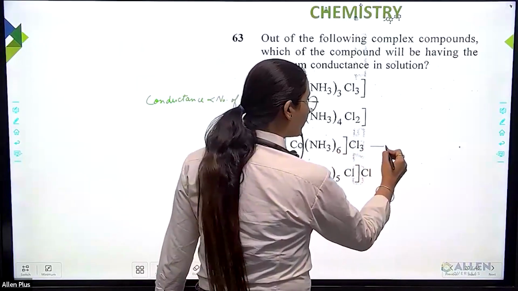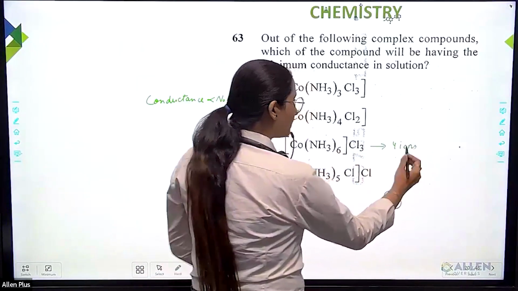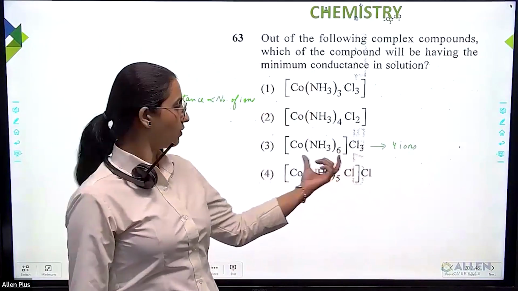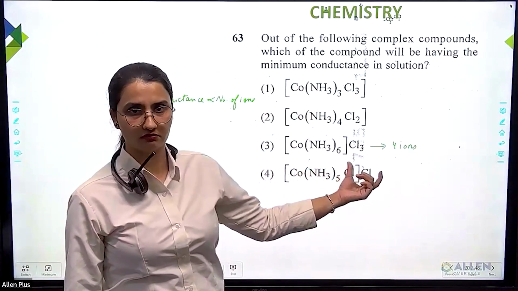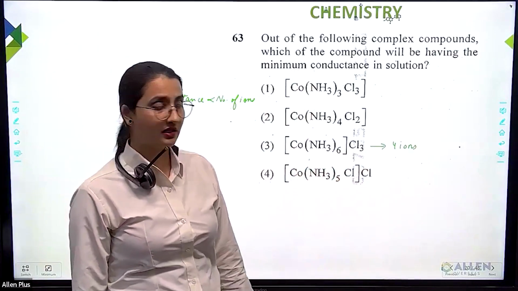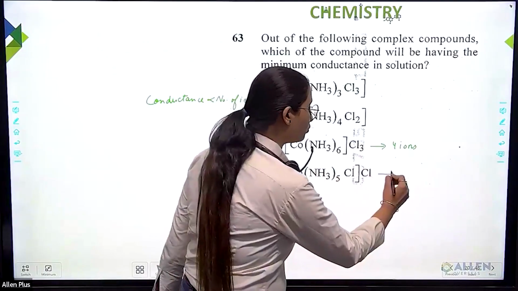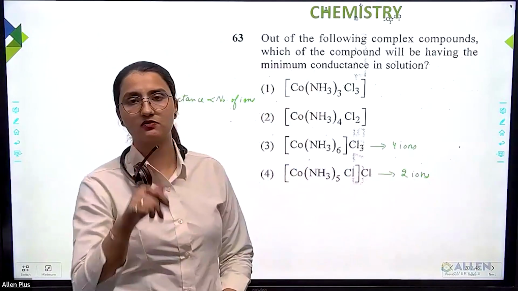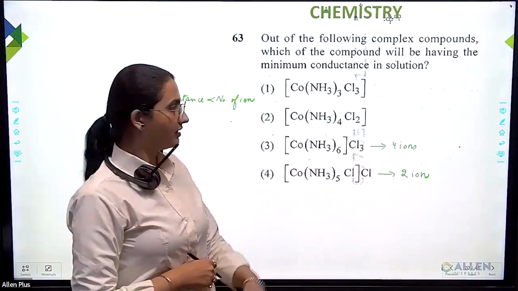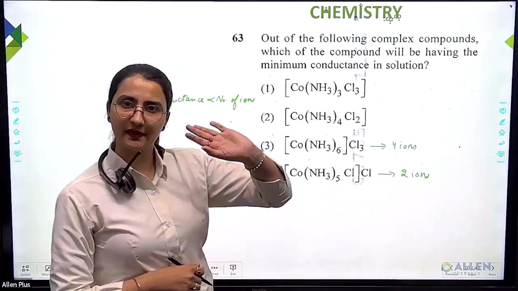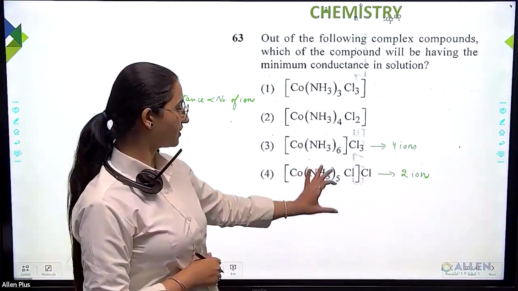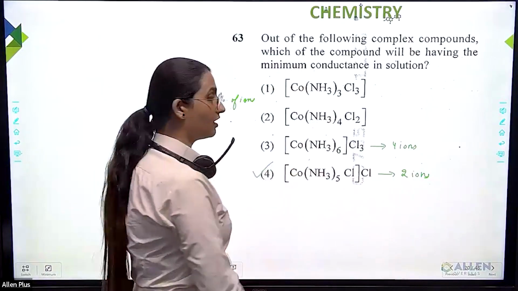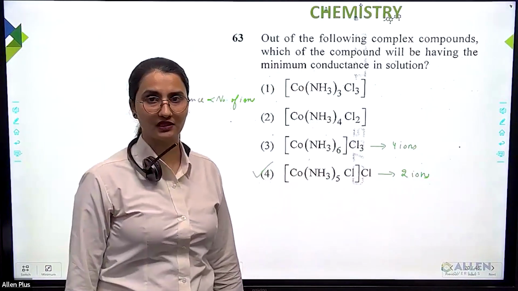This 3 is going to produce 4 ions. How, students? 3 Cl minus and 1 coordination compound with 3+ charge. The last one is going to have 2 ions. How? 1 Cl minus and 1 complex with +1 charge. So 1 and 2 are out of the picture. Out of these two, which will have least conductance? Option 4. Right?